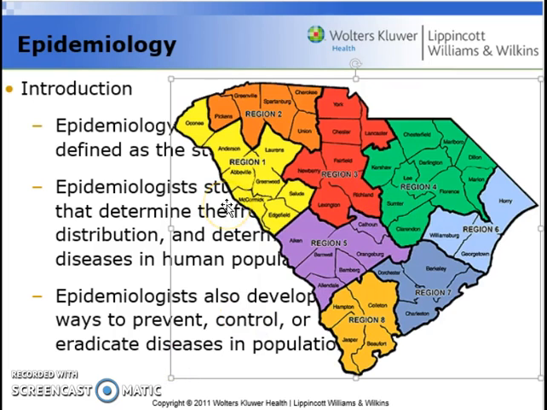Those individuals are responsible for going to different clinics, different hospitals, different primary care physicians, and trying to collect data on what types of symptoms have been observed in the population over a certain period of time. And so epidemiologists study that flow of data, and their job is to go out and conduct what we call biosurveillance, where we monitor to see what diseases are prevalent in certain regions.